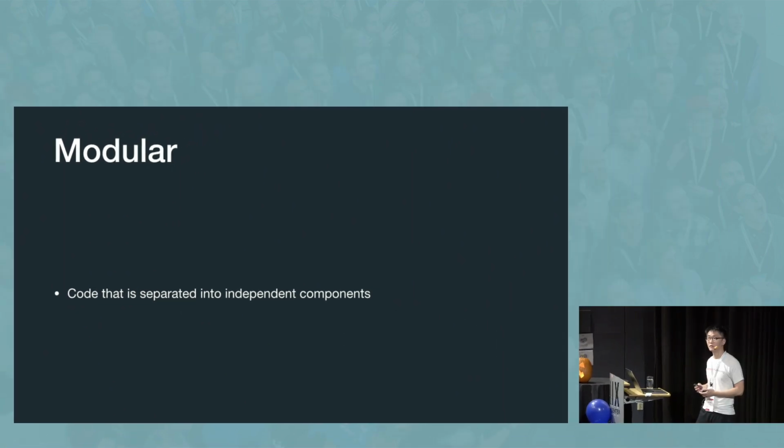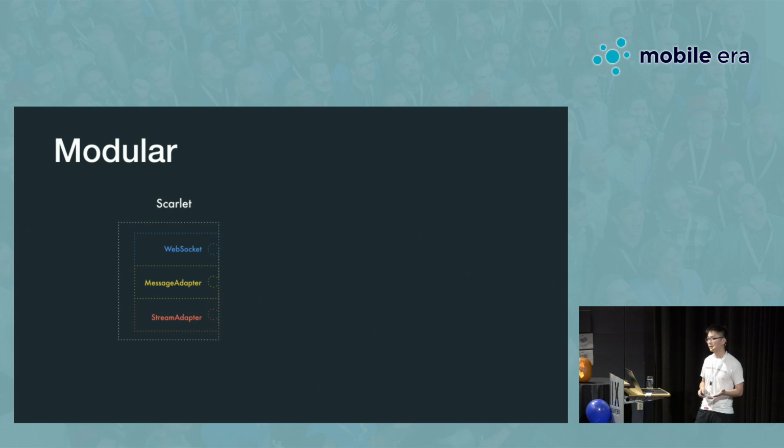Scarlet is also modular, meaning that it consists of modular components that can be changed independently. We identified a few key components and created well-defined abstractions for them. We made them into plugins, essentially.